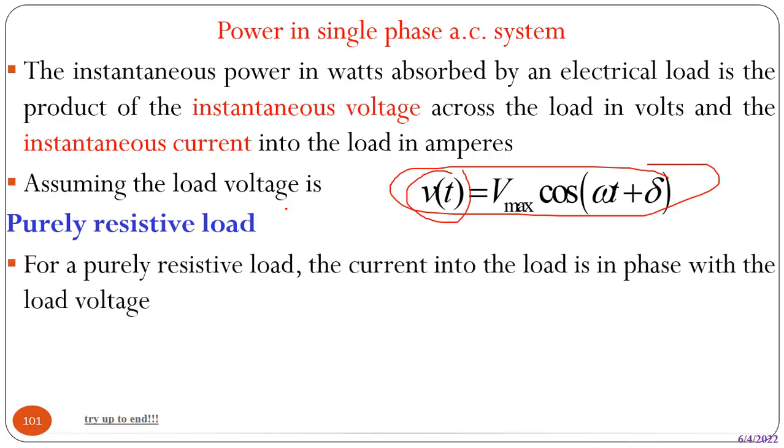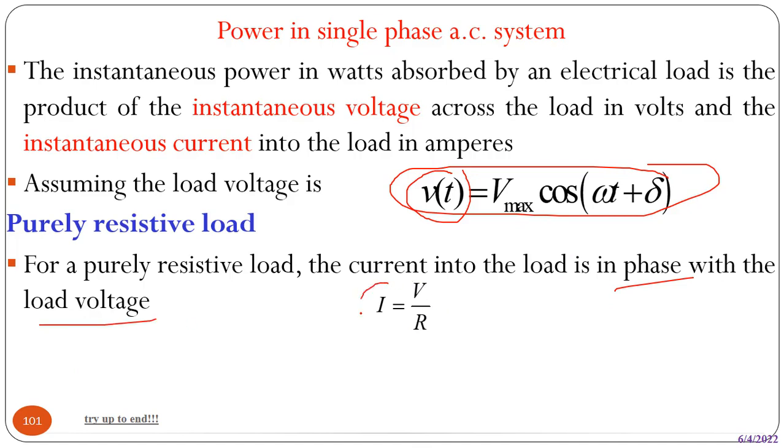and assuming the load is a purely resistive load. There are different sorts of loads: resistive load, inductive load, capacitive load, and in general RLC loads. For a purely resistive load, the current into the load is in phase with the load voltage.